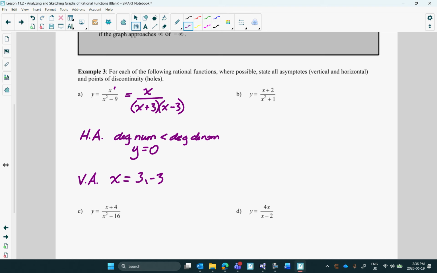Can I factor anything in B? No. Nope. So horizontal. What's the degree of the numerator? 1. That's less than the degree of the denominator. So y equals 0. What value of x makes the denominator 0?